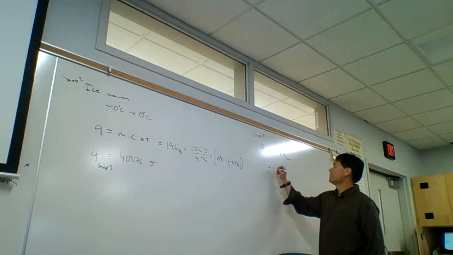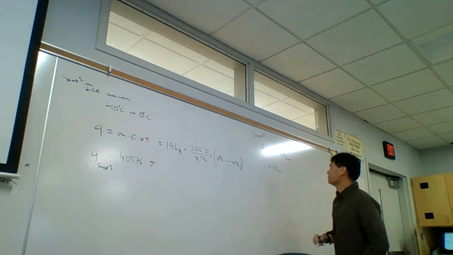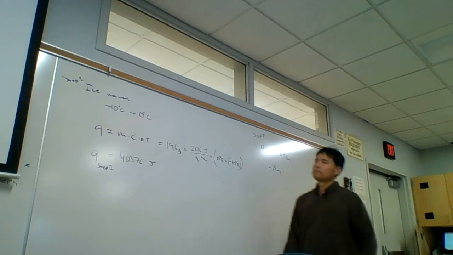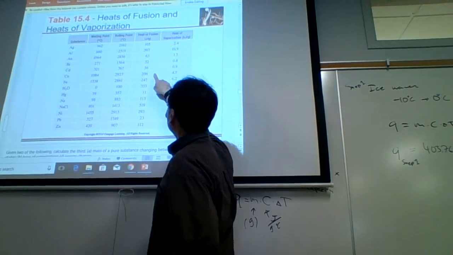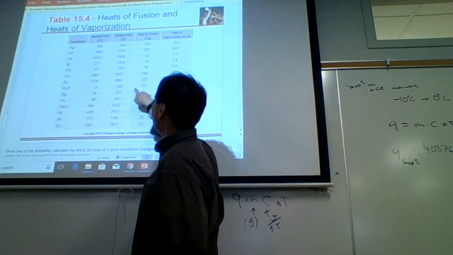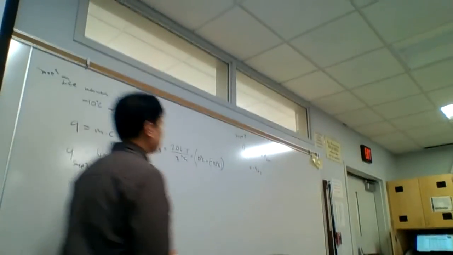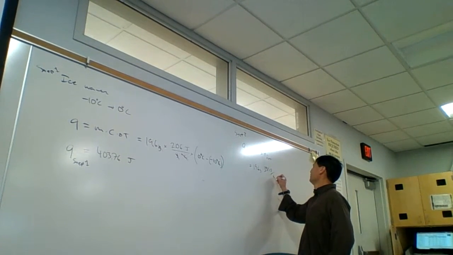And so what is the amount of ice we have? We have 19.6 grams of ice. And what is the delta H of fusion for ice? So we have to find that in the table. And so looking at the table here, I see the heat of fusion is 333 joules per gram at 0 degrees C. So this is 333 joules per gram. And so the grams cancel.